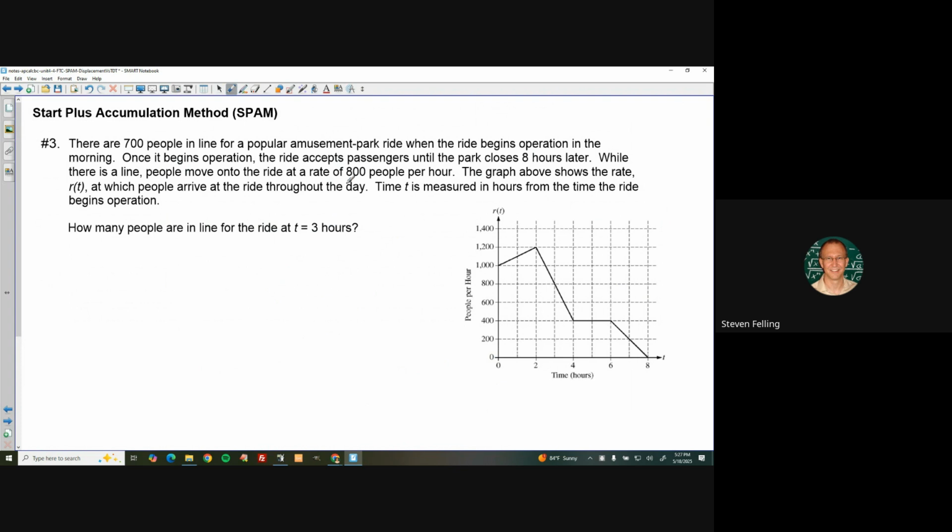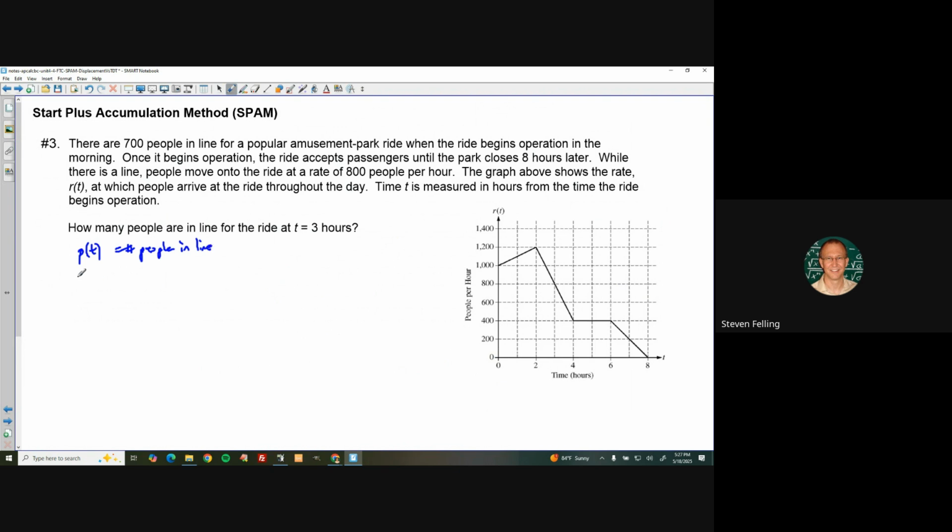All right. So first, I think we have to come up with a function for p. Let's make p be the function for the number of people. Maybe I could say we can deal with the rate. So this is going to be a function that is equal to the number of people in a line.